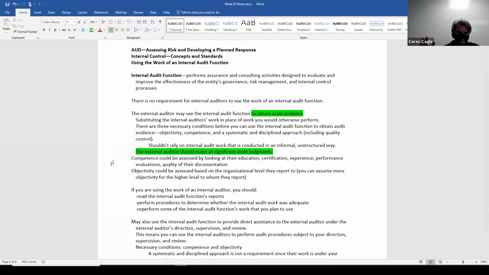Their work might help us in obtaining an understanding of internal control. It might help us in assessing risk. It might also help us not have to do some of the procedures that we otherwise would have to do. If there are high risk areas, we definitely wouldn't want to rely as much on the internal auditor's work. We wouldn't want it to eliminate our direct testing in those areas.